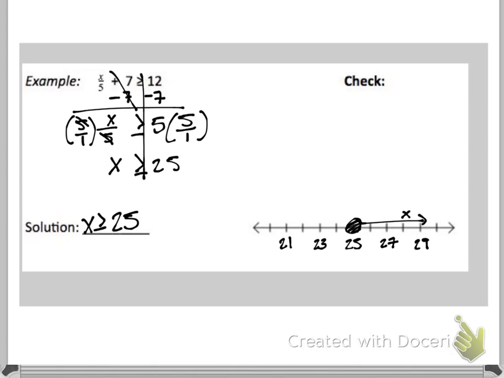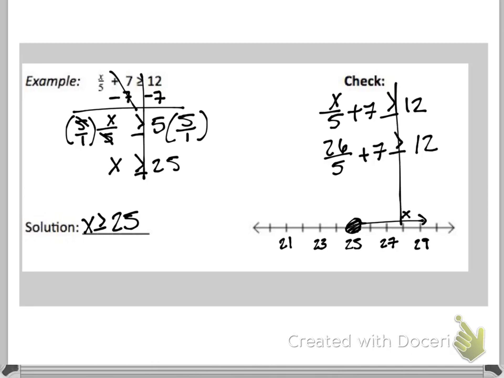We're going to check. First thing we need to do is rewrite x over 5 plus 7 is greater than or equal to 12. Pick a point that's been graphed. Let's pick 26. 26 over 5 plus 7 is greater than or equal to 12. 26 over 5 is something we have to do first, which means 26 divided by 5, and that is going to give us 5.2.